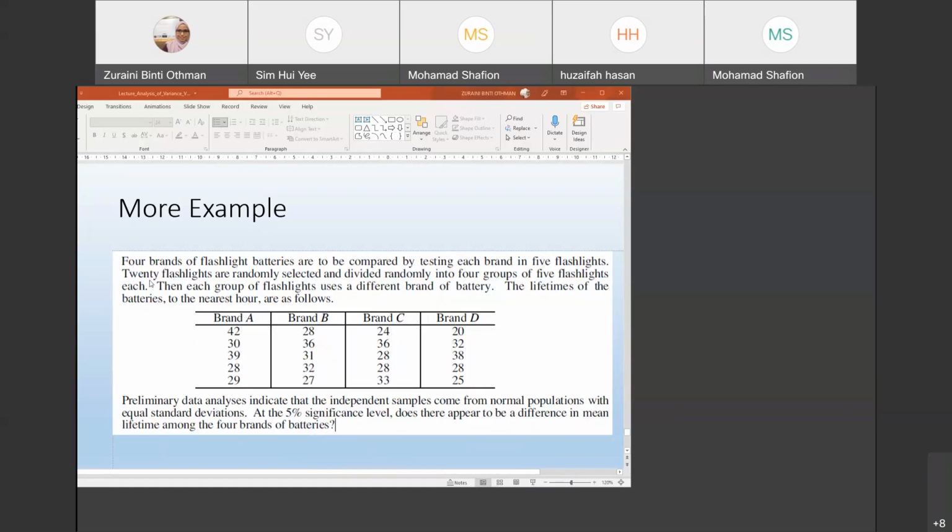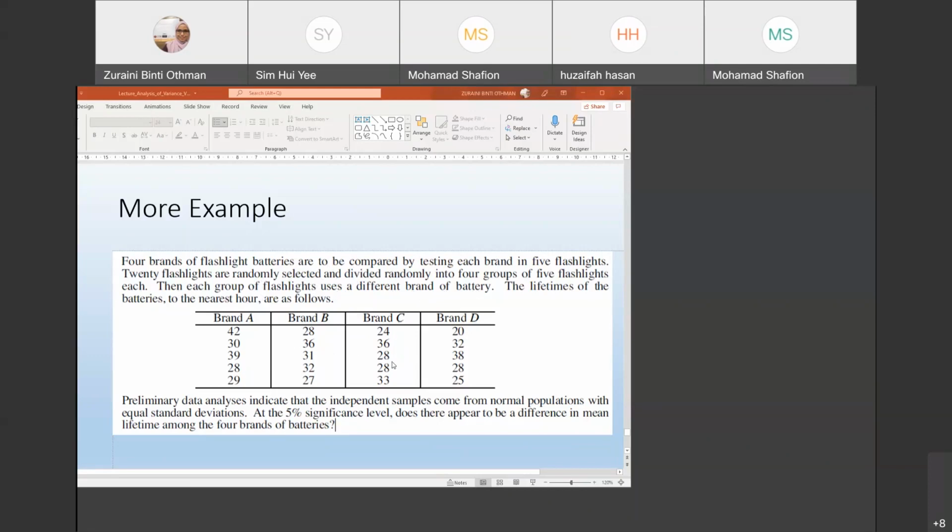Then we have 20 flashlights randomly selected and divided randomly into 4 groups. Each group of flashlights uses a different brand of battery.